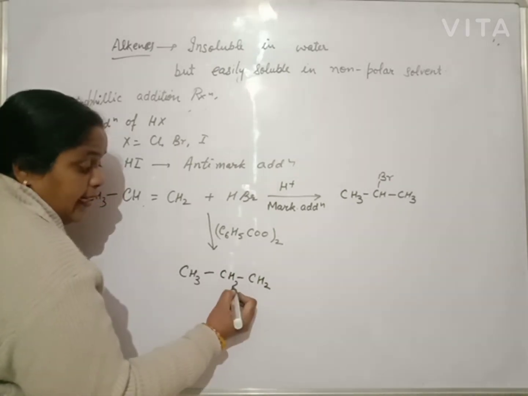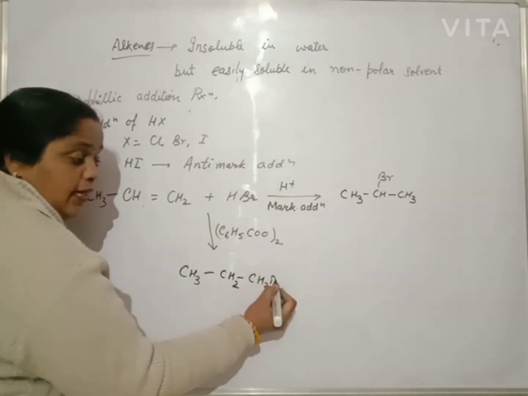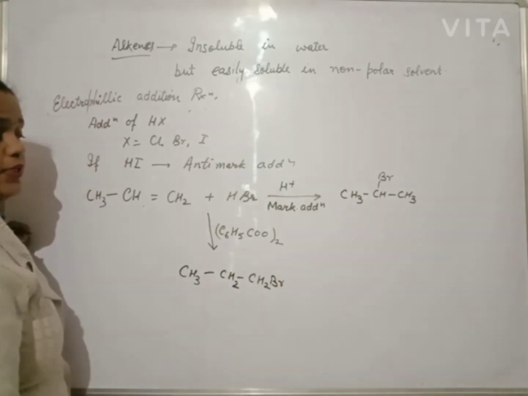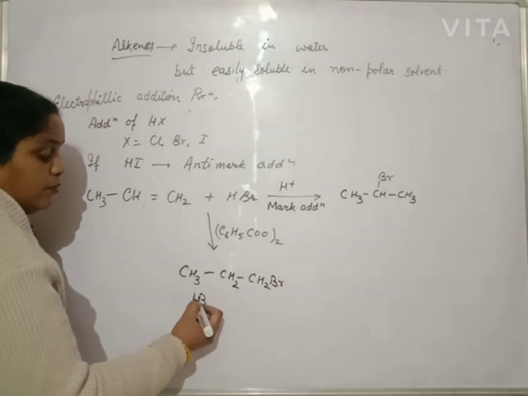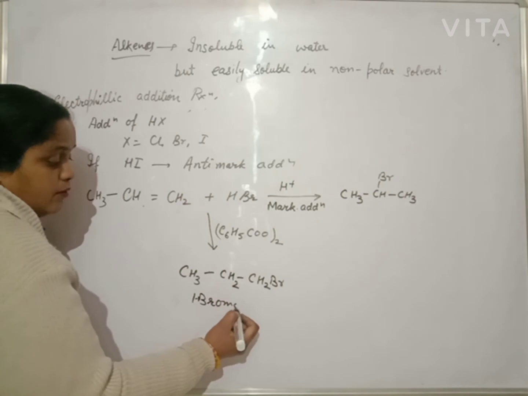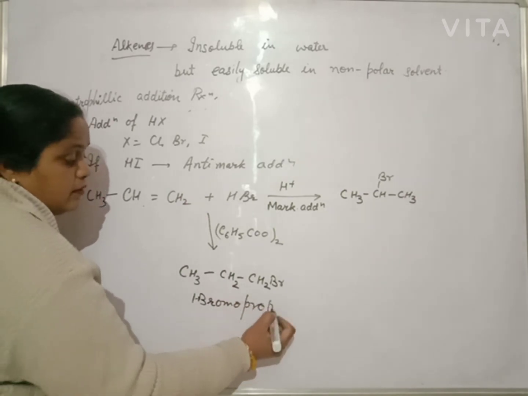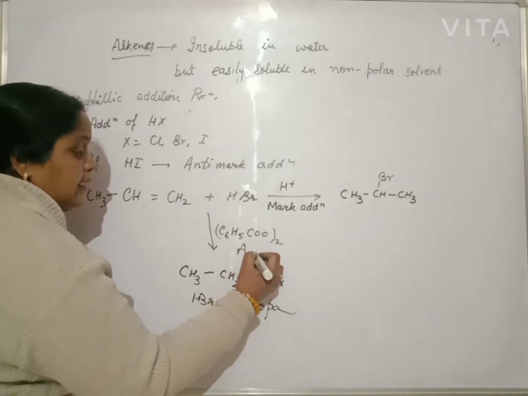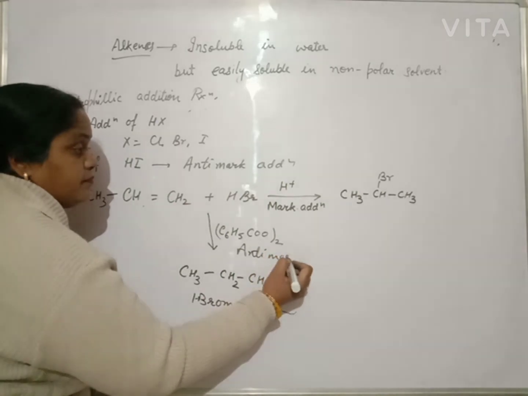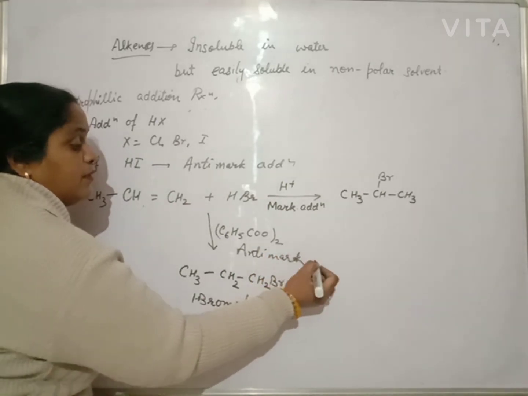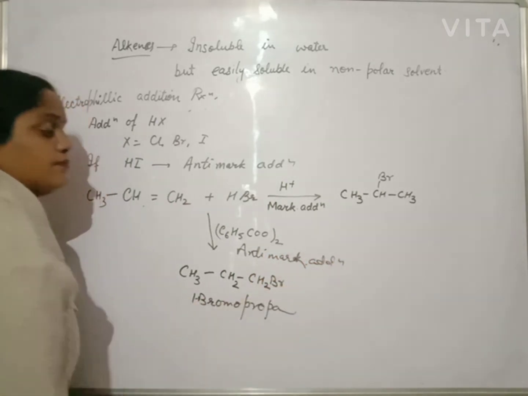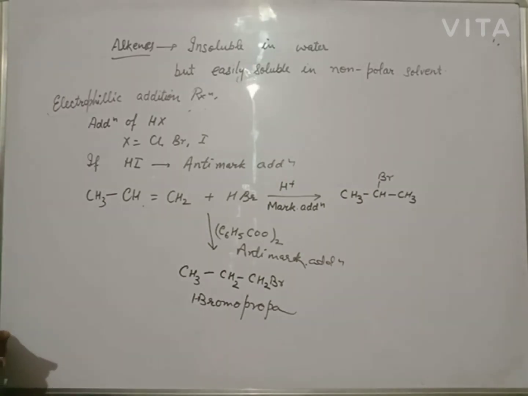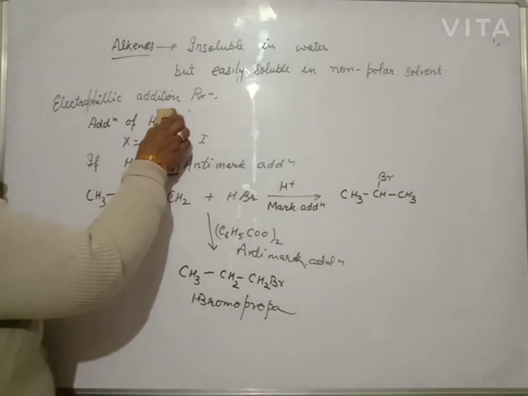Hydrogen goes to the carbon with fewer hydrogen atoms and halogen to the one with more, and we will get 1-bromopropane. This rule is known as anti-Markovnikov addition. Clear?